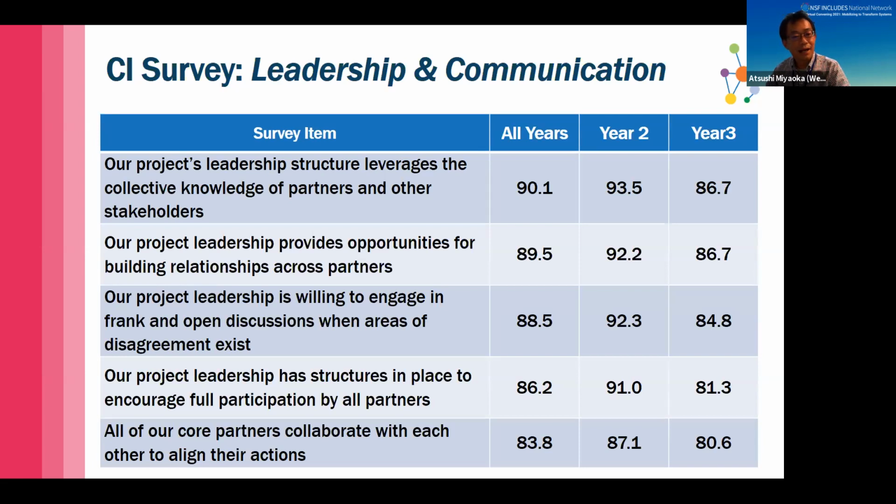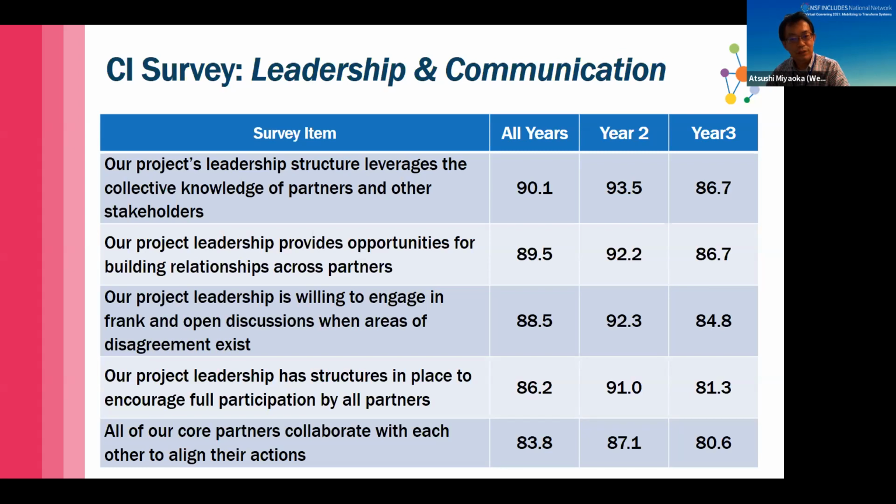We found that alliance responses for this element were overwhelmingly positive and appear to be well attended to at the time of the data collection, compared to the other design elements. The scores range from 81 to 90.1. The highest is our project leadership structure leverages the collective knowledge of partners and other stakeholders. This one has a score of 90.1.